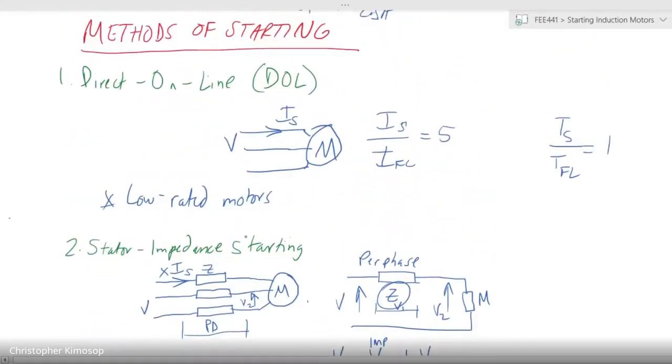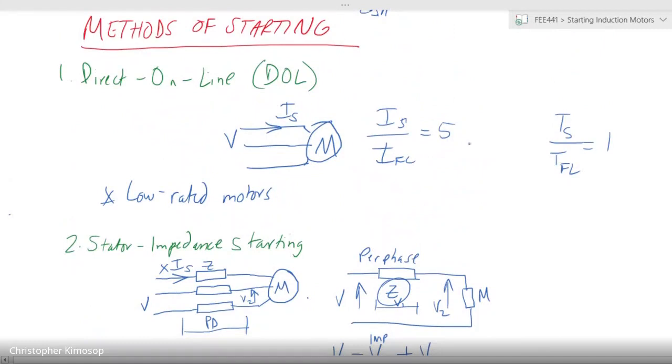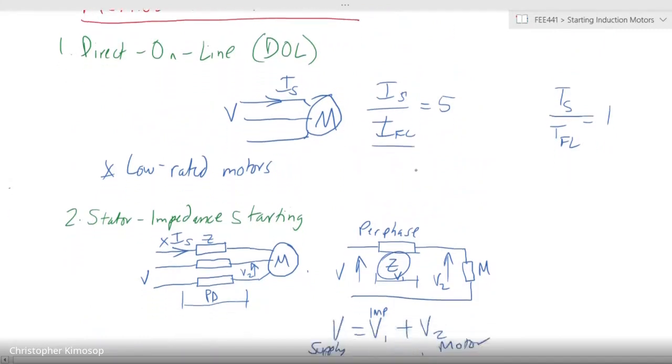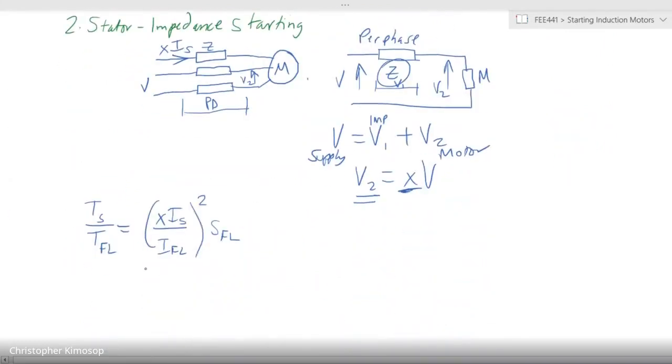The difference between these two ratios is that you are now introducing an X, which is X squared times IS over IFL, which we had before, times SFL.